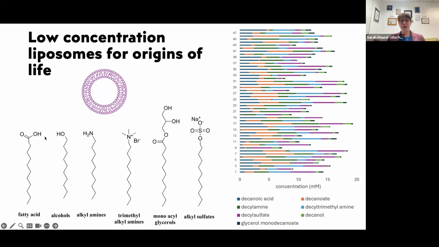The protonation state for the fatty acid going to the deprotonated state is about 7. And that means that at a physiological pH, we're likely to have both present in solution. I think I have done experiments where we go up to pH 10, and so the alkyl amine exists in both protonation states, and it performs a lot like the fatty acid then, because it's polar and not charged.